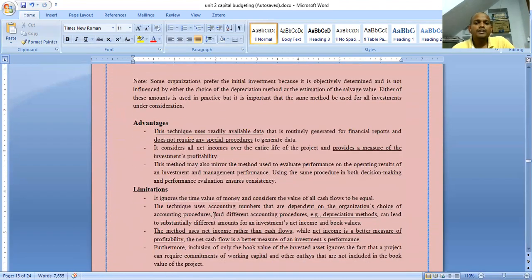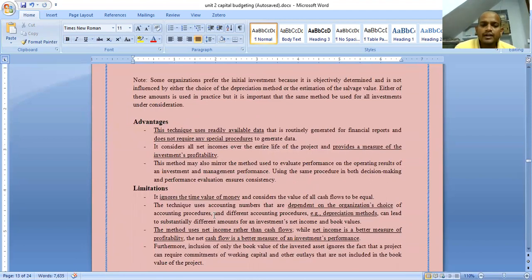So what are the advantages of accounting rate of return? This technique uses readily available data that is routinely generated for financial reports, and does not require any special procedure. The second advantage is it considers all net incomes over the entire life of the project and provides a measure of the investment's profitability.